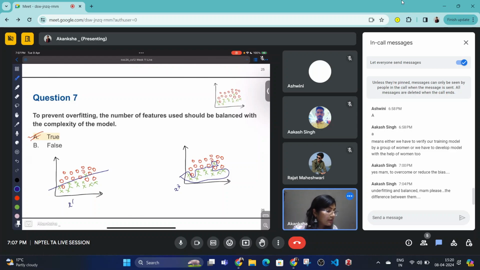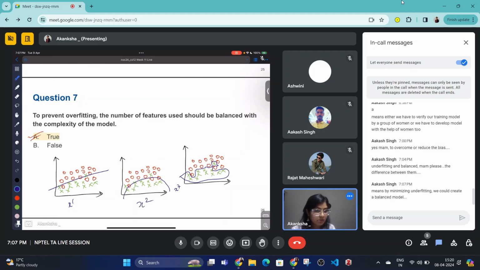But we know that we can also use something in between, which can of course have some kind of errors. We are okay with some errors. So we can design something like this, which is more balanced. So yes, both are not desirable. Underfitting is also not desirable, and overfitting is also not desirable. So we want to find the balance.